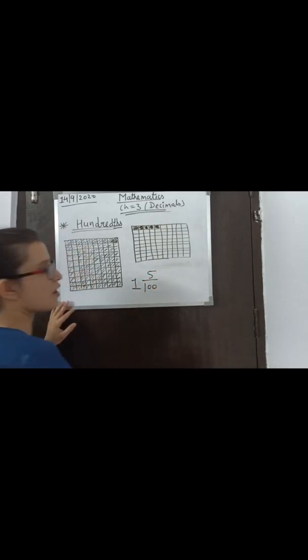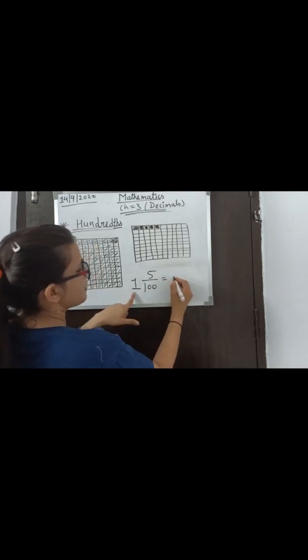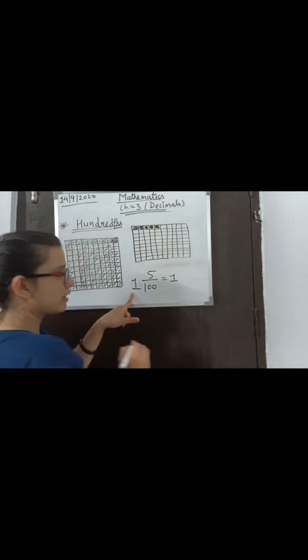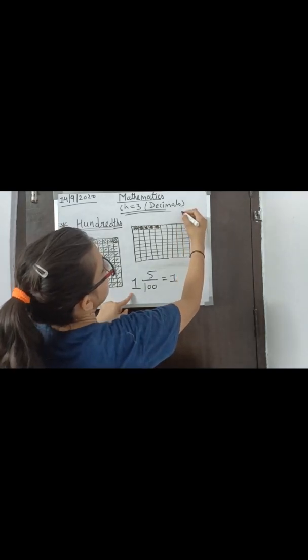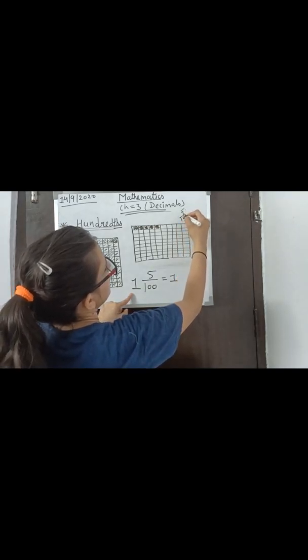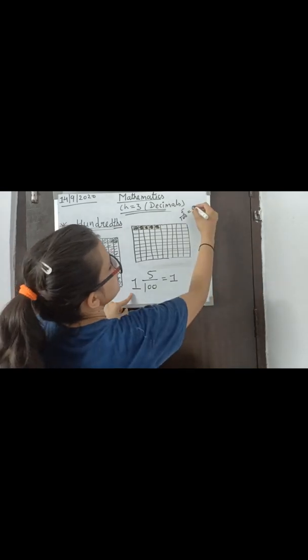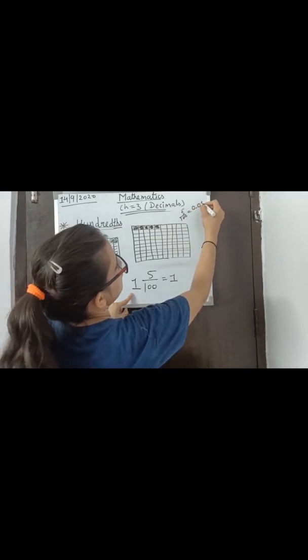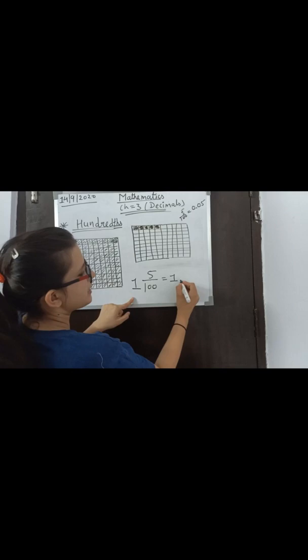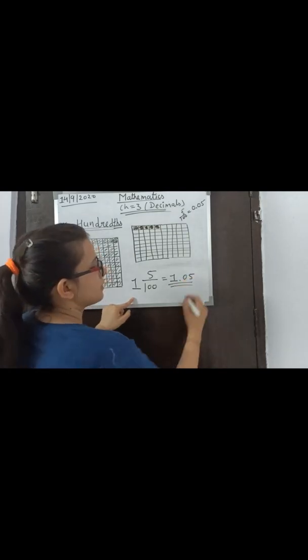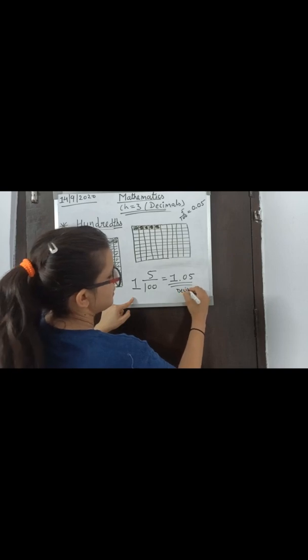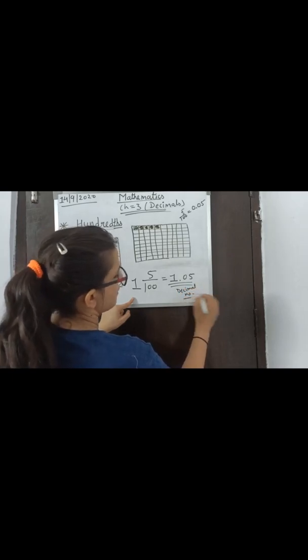And in decimal form, we will write the whole part, then 5 by 100 can be written as 0.05. So we will write 1.05. This is called your decimal number.